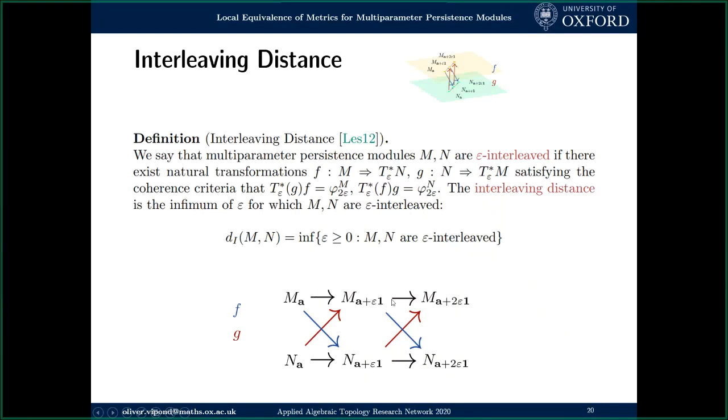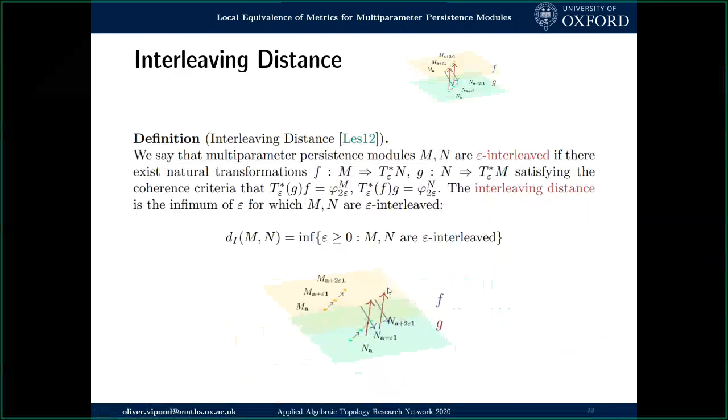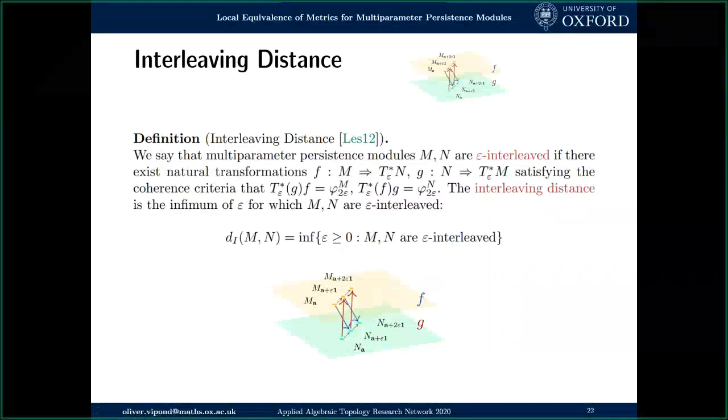So really this two-dimensional picture is trying to encapsulate a three-dimensional phenomenon. If we have two parameter modules, M and N, then when we knit them together, we're really trying to knit together two planes. And so this is a very complicated object with very complicated functions f and g knitting them together. So it won't be a surprise that computing this interleaving distance is a very hard thing to do.